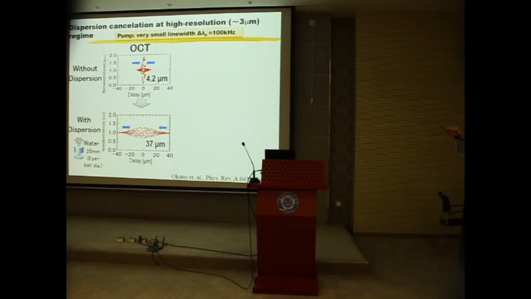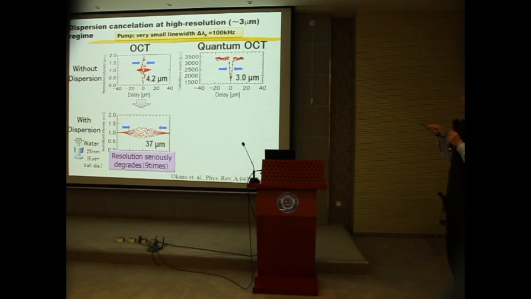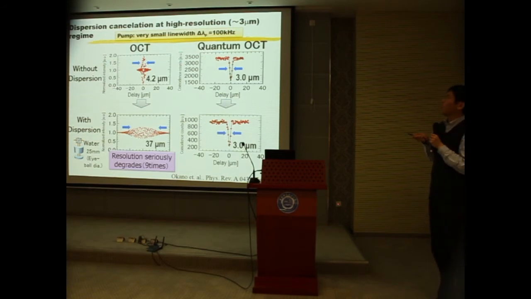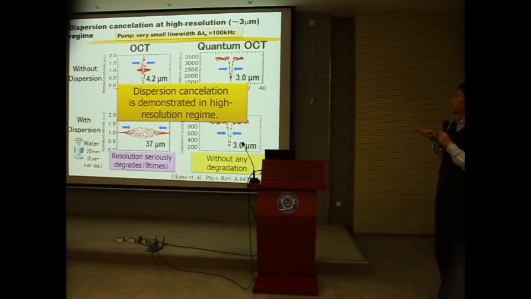However, with the very narrow line width pump laser, we observed 3 micron resolution in the quantum OCT signal, and even when we inserted water, the resolution did not change at all. So dispersion cancellation is now demonstrated in the high resolution region with 3 micron.